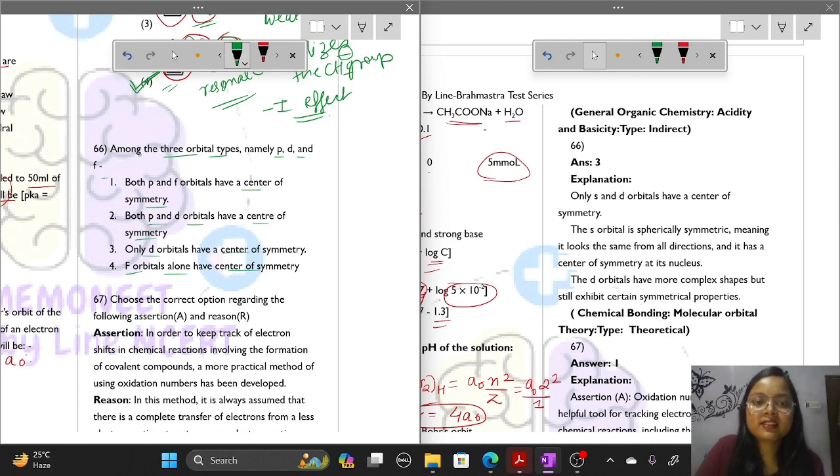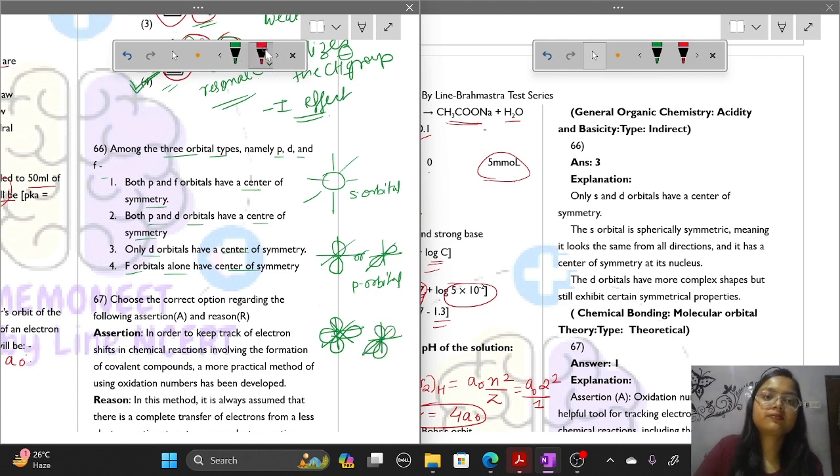Let's roughly draw the sketch of the orbitals. The S orbital is spherical. The P orbital is dumbbell shaped, like this or like this. And the D orbital is double dumbbell.